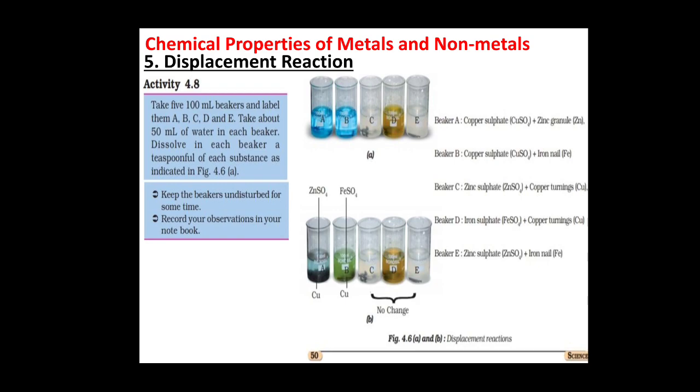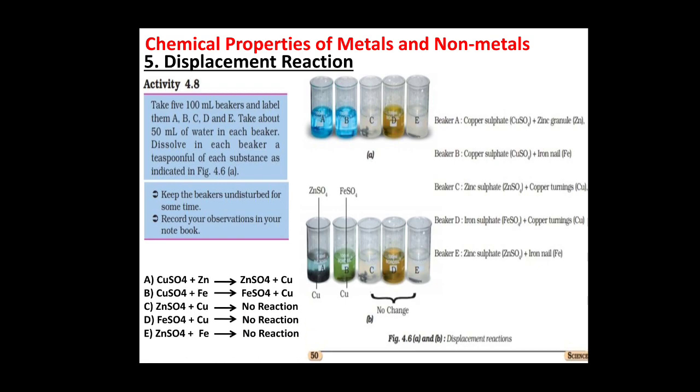What you will observe after some time, because we will not be able to perform the activity right now, let me tell you. You are also able to answer it, because we already know that a more reactive metal displaces the less reactive metal from its aqueous salt solution. So from this you can answer it.